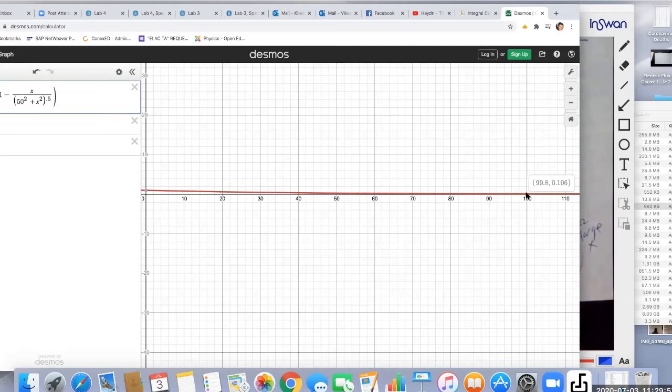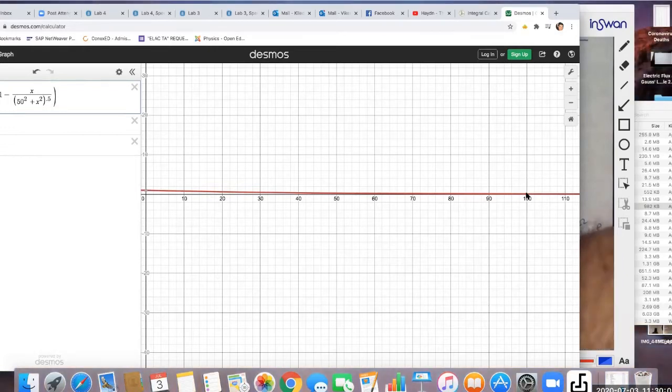That's how we can quickly check if the 1 over distance squared has kicked in. So we can just take a random distance and say, okay, it's 0.293 at 50 meters. And then what is it at 100? 0.105.